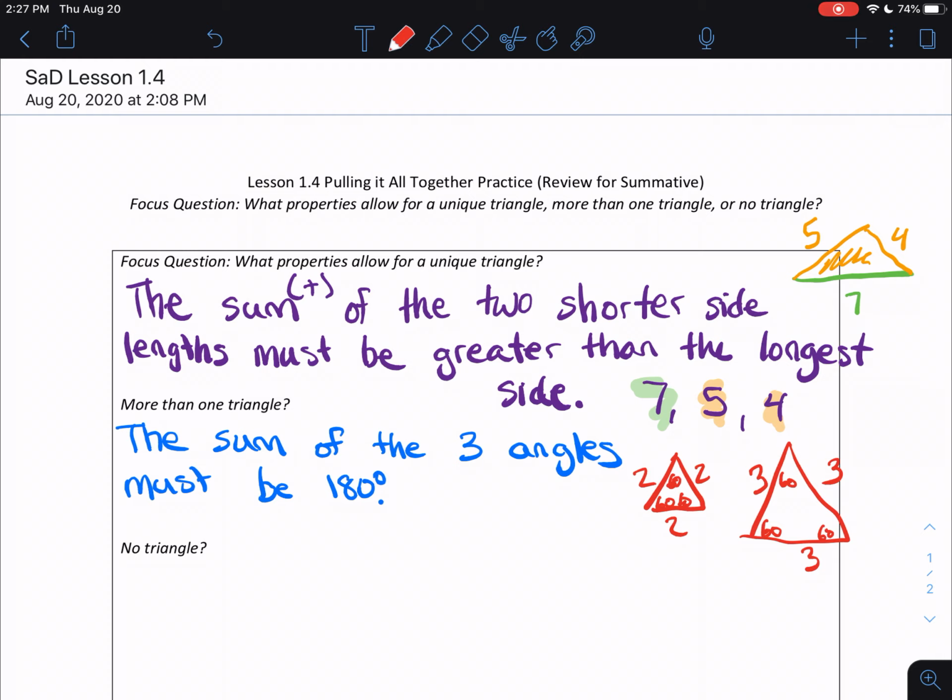So if you're given three angles, like 57 degrees, 63 degrees, and 60 degrees, that would make more than one triangle because the sum was 180 and it's all angles, so we could make multiple triangles.